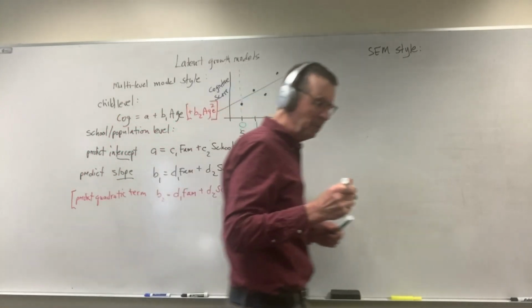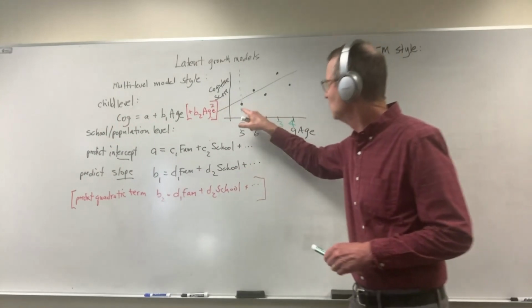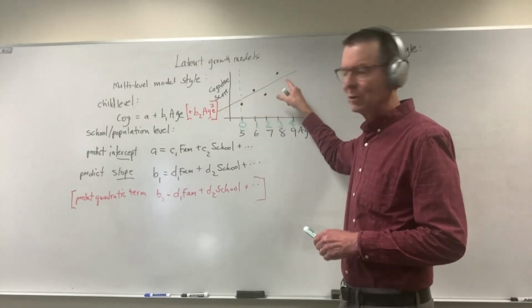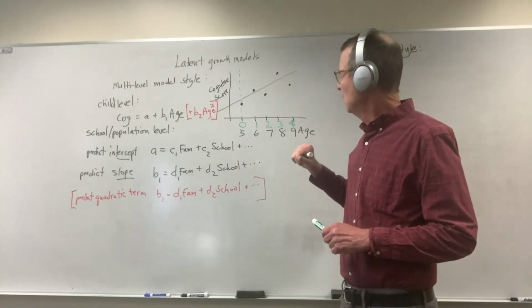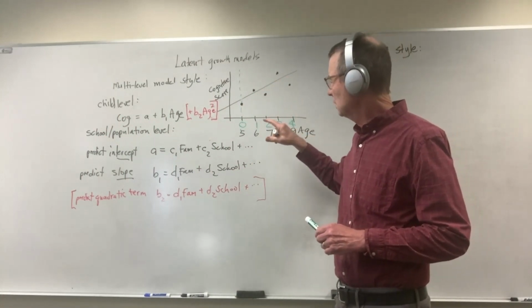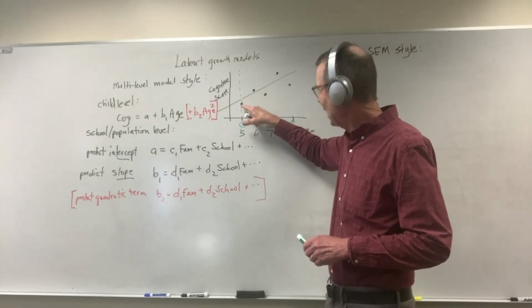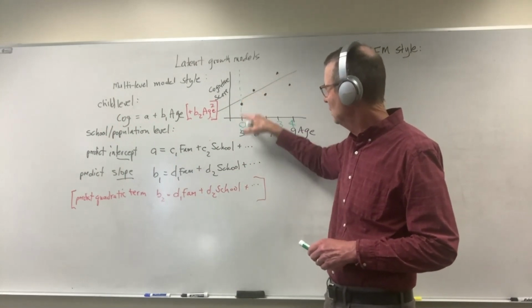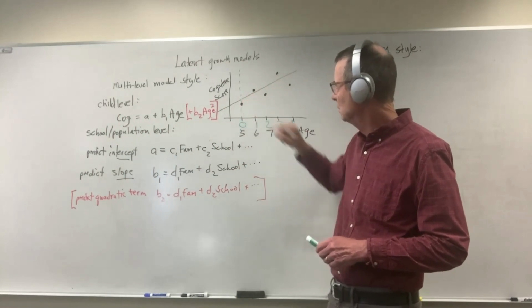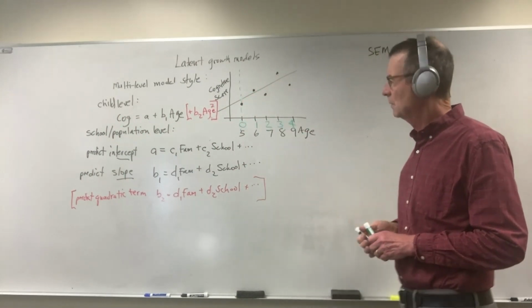So this line that we're fitting doesn't have to go through this point, doesn't have to go through any of these points. It just has to be the best fitting line through all the points. So the constant is not the first point, it's the projection of the best fitting slope back to x equals 0, which is age 5.